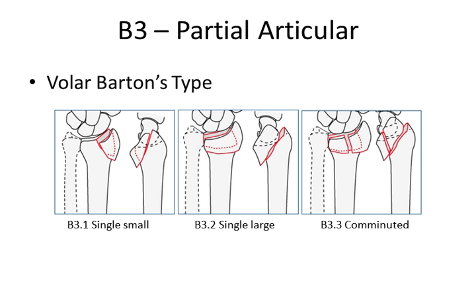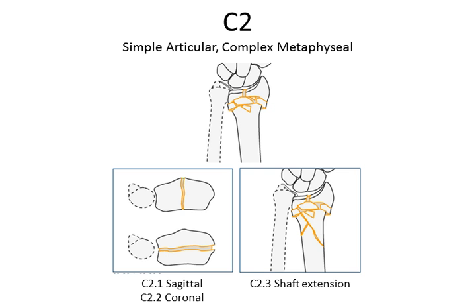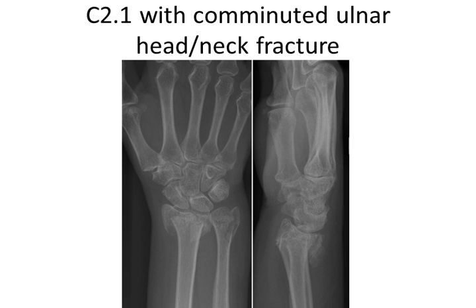All right, and depending on what the fragment is, if the small fragment is 3.1, 3.2 for single large fragment, and 3.3 comminuted. And C's are all the articular fractures, right? C1 is simple articular, simple metaphyseal. C2 is simple articular, complex metaphyseal. All right. This is an example of a C2.1, right?